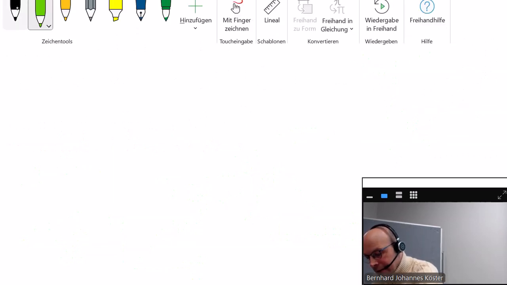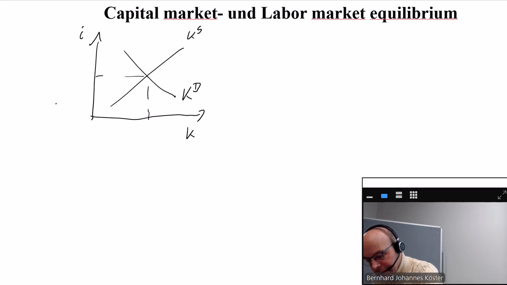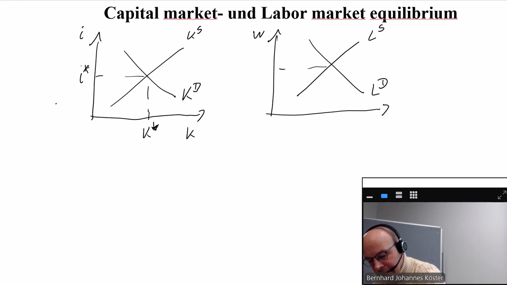And then we obtain for the capital market from capital supply and capital demand the equilibrium interest rate and the equilibrium level of capital, and for the labor market from labor supply and labor demand the equilibrium wage rate and the equilibrium level of labor.